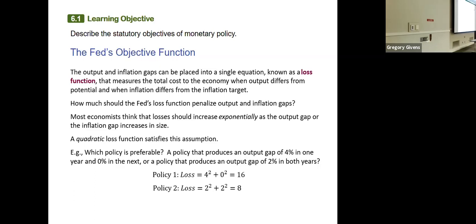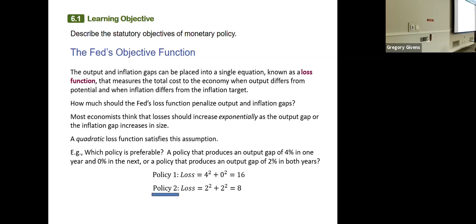So even though the policies generate the same average output gaps across the 2 years, policy 2 is superior because it results in less loss. And the reason why is that 4% output gaps are more than twice as painful for the economy as a 2% output gap, because loss increases exponentially with the size of the output gap.